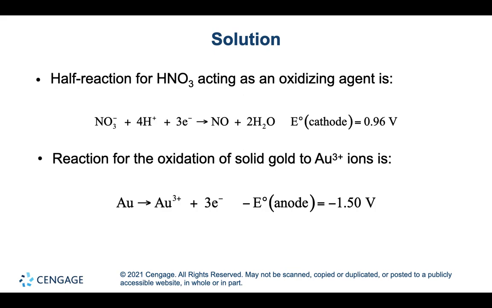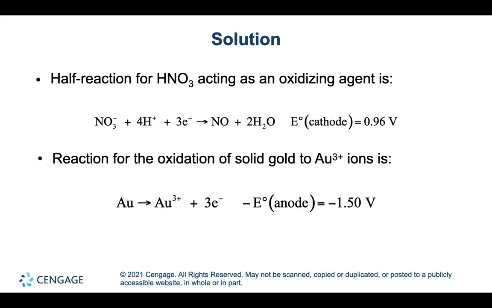So here's our 2 half reactions. NO3 minus and 4H plus make NO and water and use up 3 electrons, so that should be the cathode, 0.96 volts. And then the anode should be Au yields Au3 plus plus 3 electrons, negative 1.5 volts.